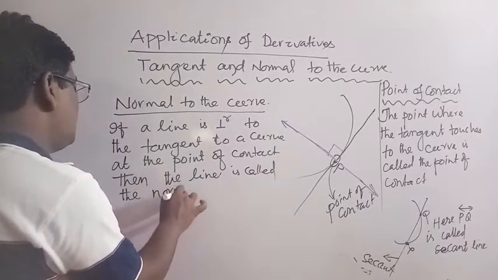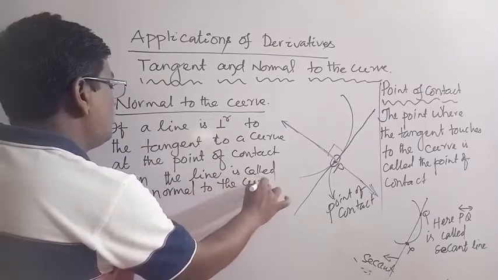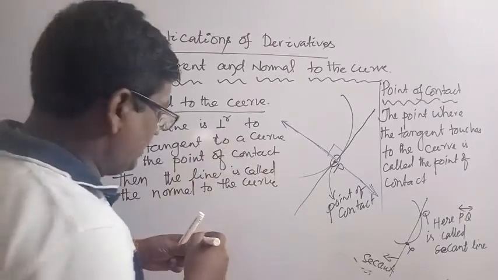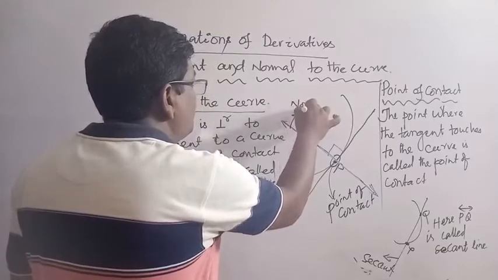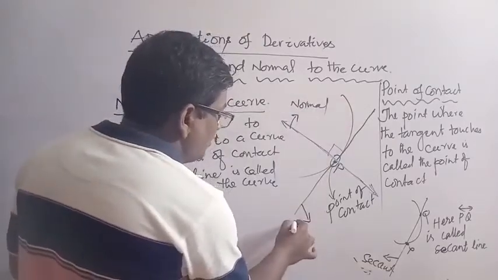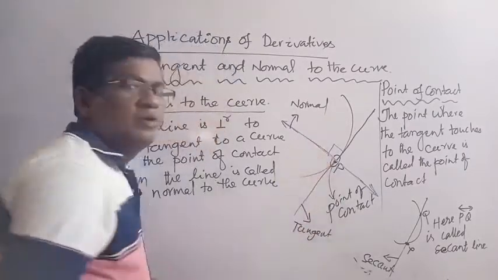Here this line is normal, and this line is tangent.